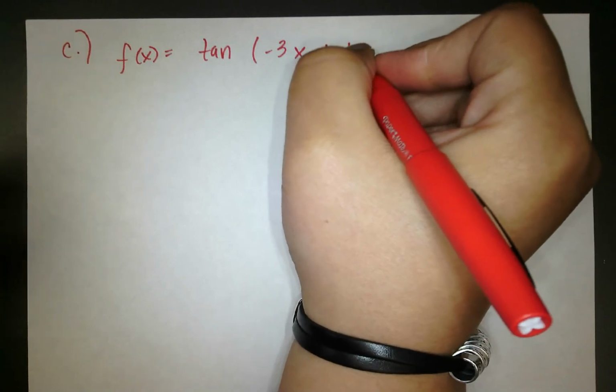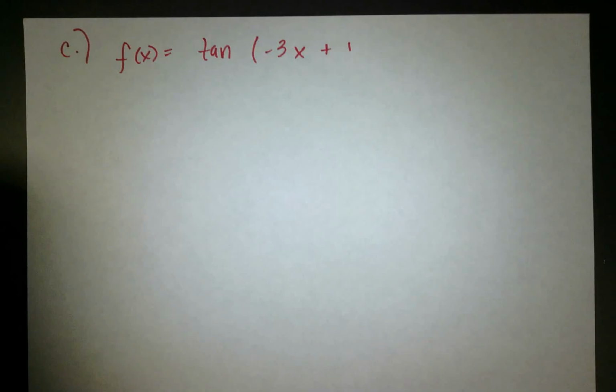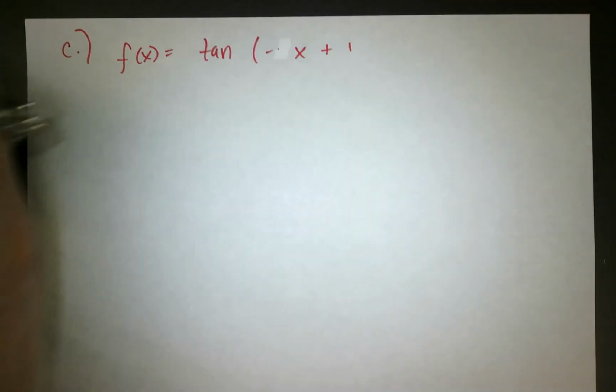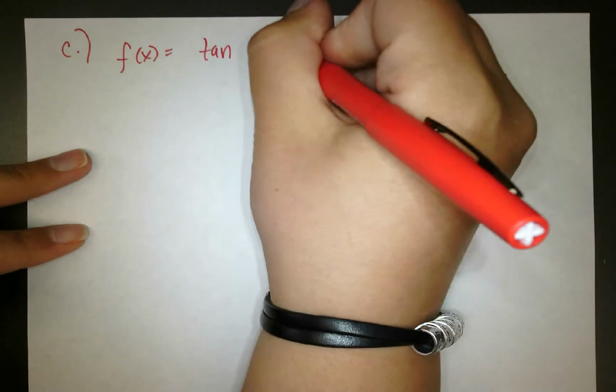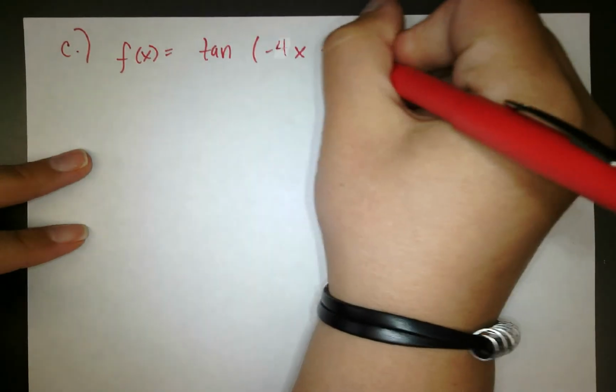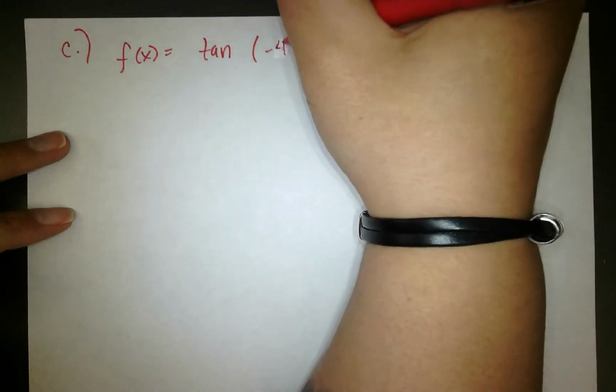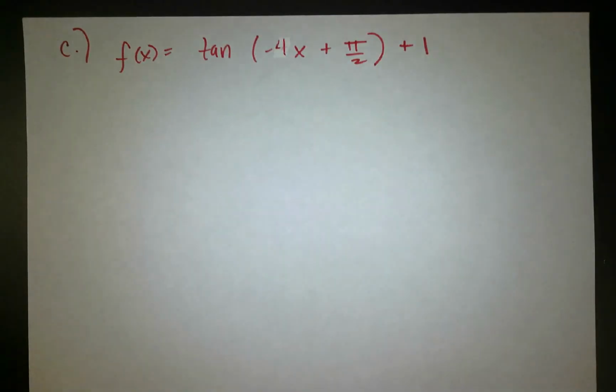I'm going to change it. I'm going to do 4, plus pi over 2, plus 1. There.